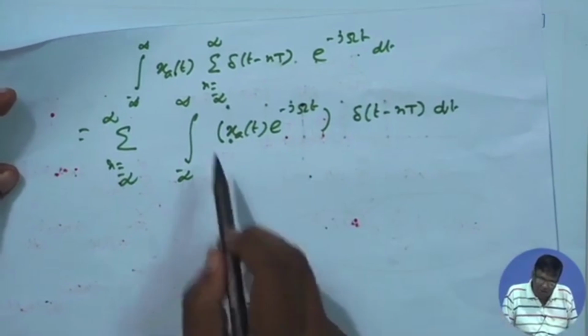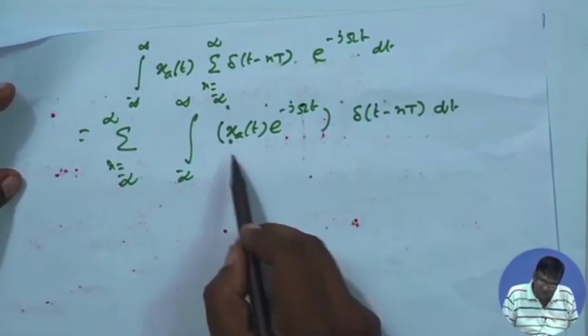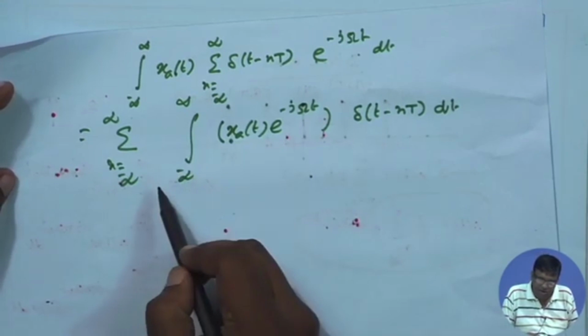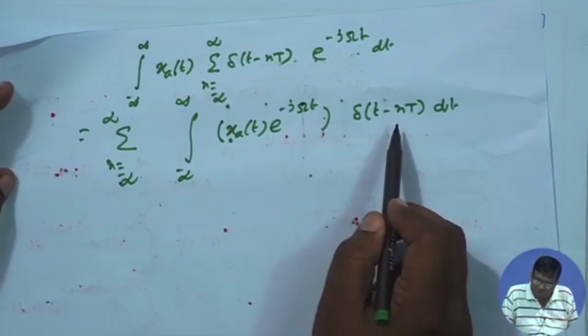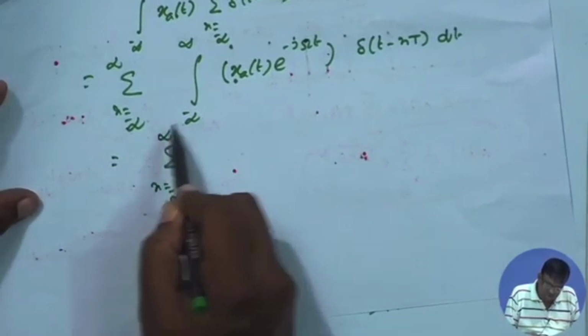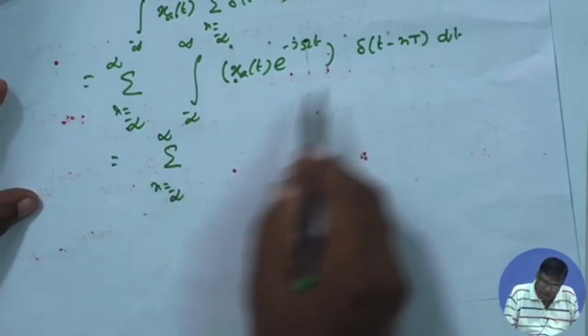Remember, a while ago I considered some function f(t) into delta(t minus tau). If you integrate, it becomes f of tau. So that means this is nothing but this function at nT.